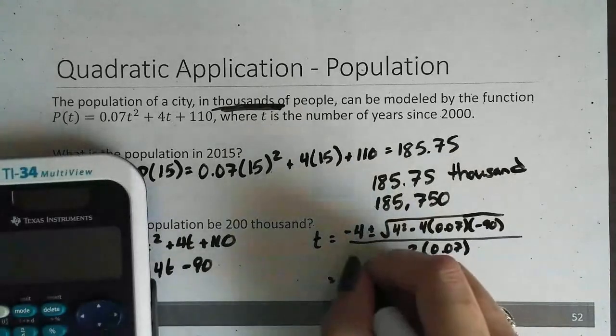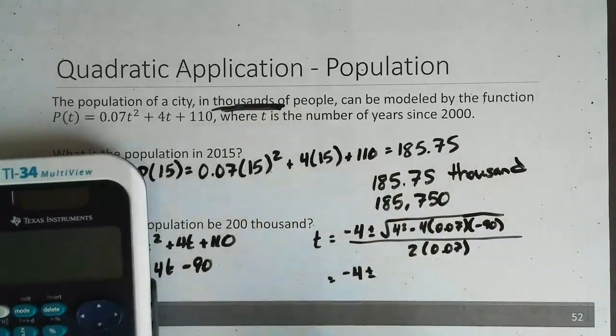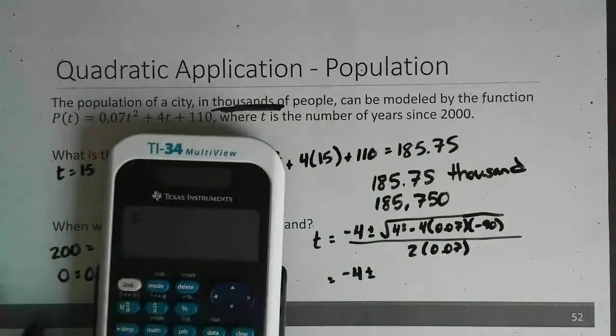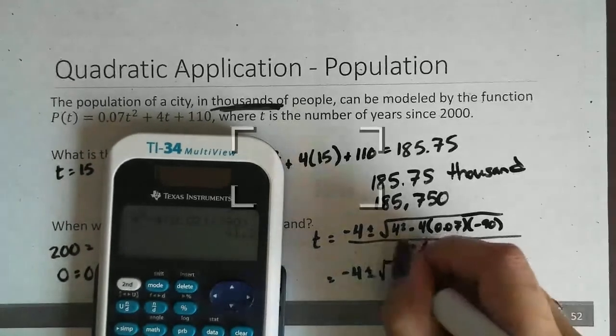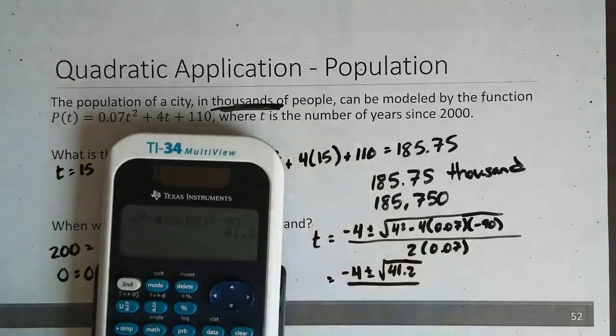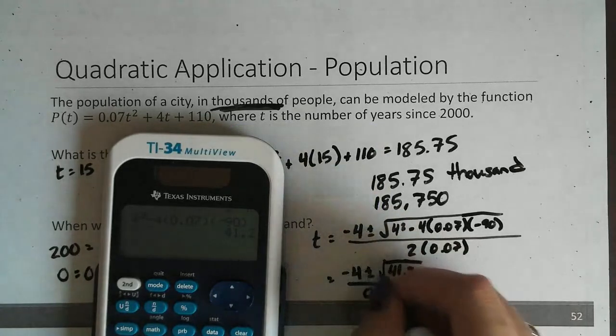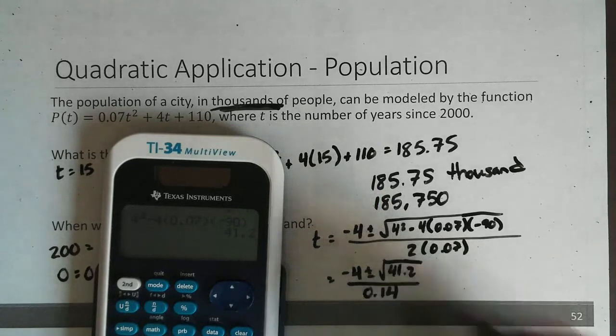So that will be -4 plus or minus the square root of 41.2, all over 2 times 0.07, which is 0.14.